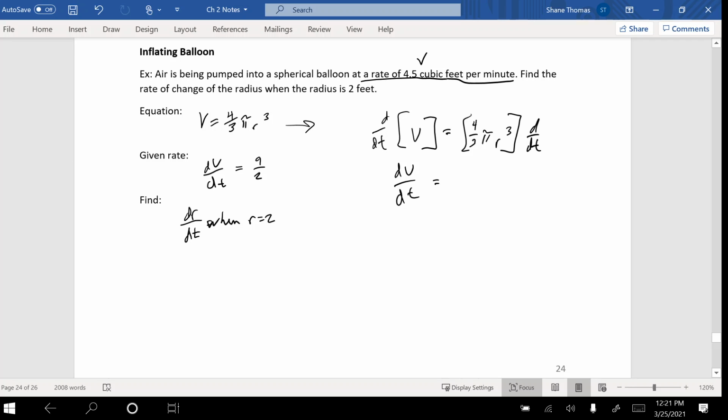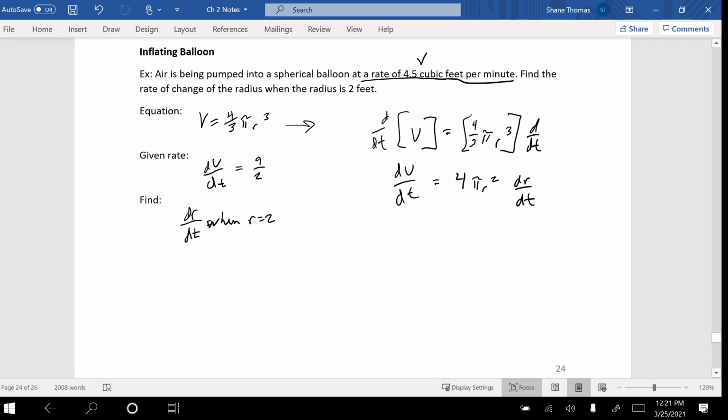So that'd be 12/3, which would be just 4. 4 pi r, and then the power rule, subtract 1, so r squared. Now I just differentiated that with respect to r, because that's the only variable that was there. So I have the dt there.